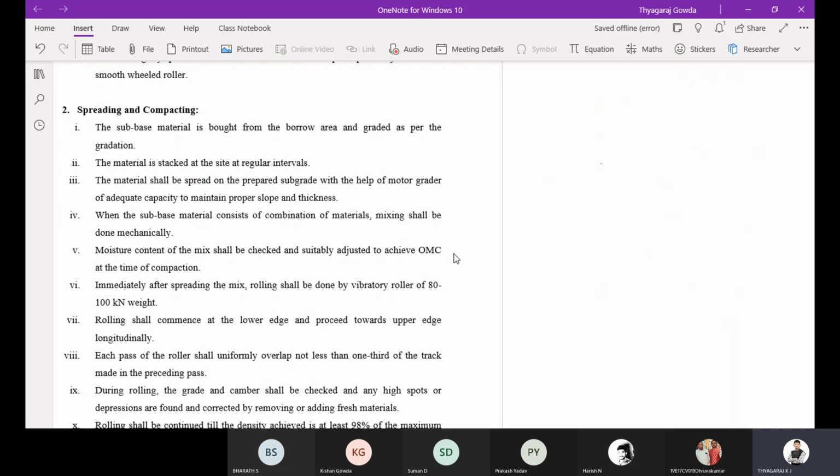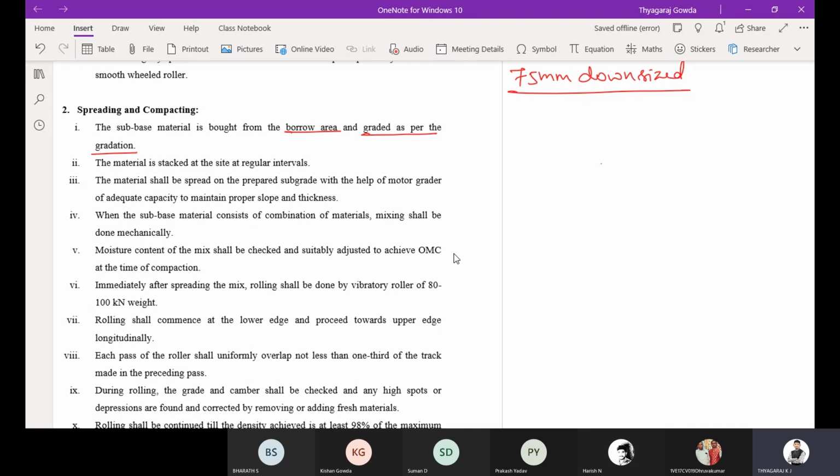Usually the sub-base material is brought from the borrow area and graded as per the gradation. We all know the gradation: 75 mm downsized aggregates we are going to use. You are going to borrow from the borrow pit if it is soil, or from the quarry or crusher if it is aggregates, and you should grade as per the gradation.